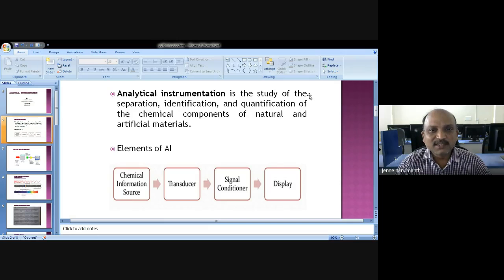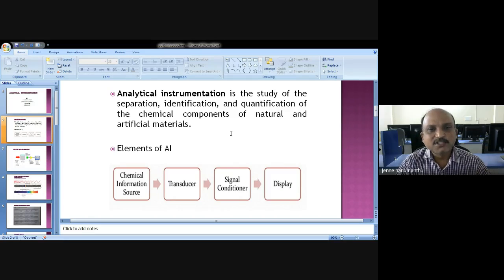So with the help of available techniques, we want to separate the sample, identify it and quantify it. This is the process called analysis of a chemical component.